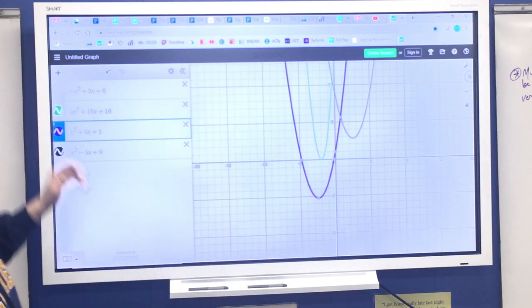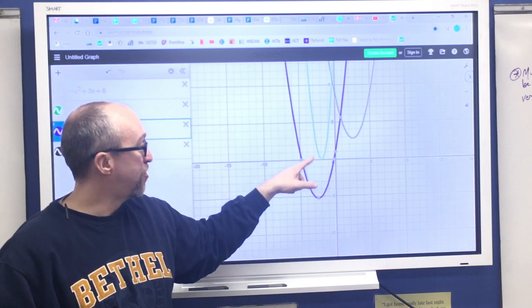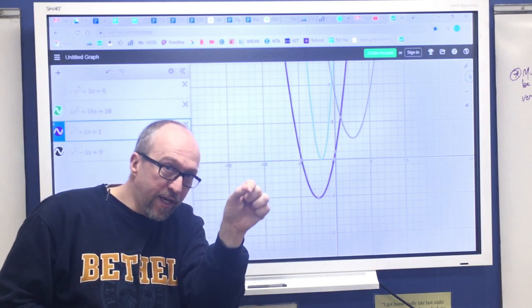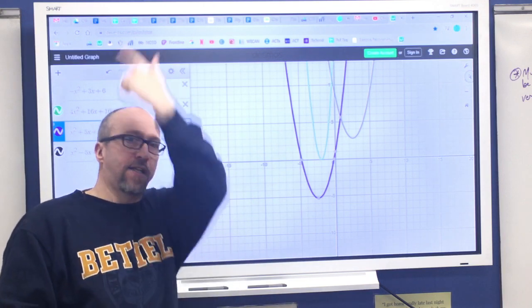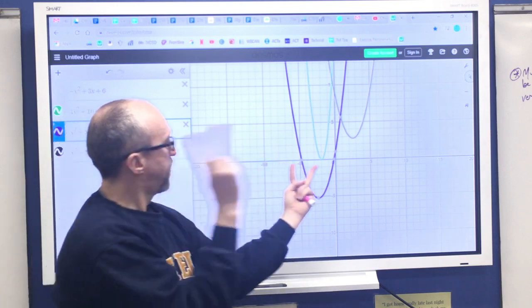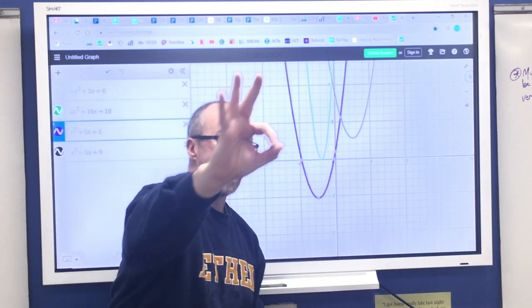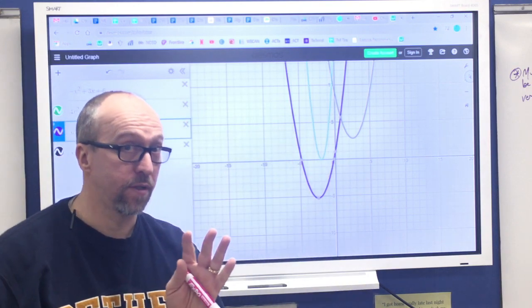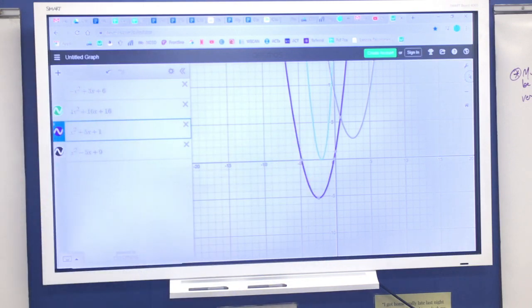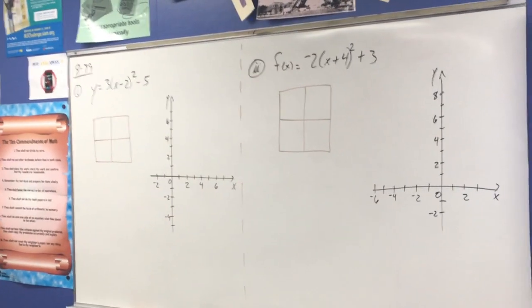And the third option, just 1 solution, because the parabola's vertex just touches the x-axis and then goes back up. So you could get 1 solution, 2 solutions, or 0 solutions. Those are the 3 options. Okay? So that's how that could go when you're getting your answers, and that's hopefully what you got when you used Desmos.